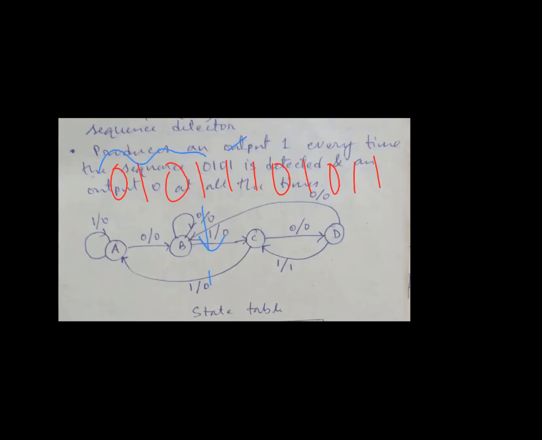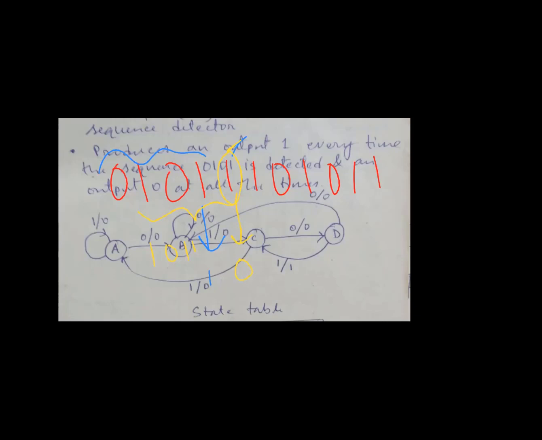Now we scan this next one. When you scan this one, also look at the last 4 bits. The last 4 bits are 1011. 1011 is not our desired sequence. So for this one, output is 0.